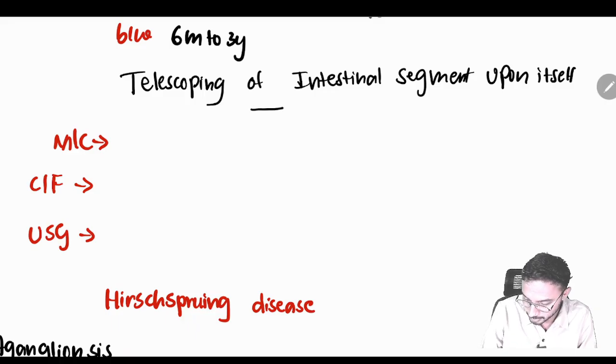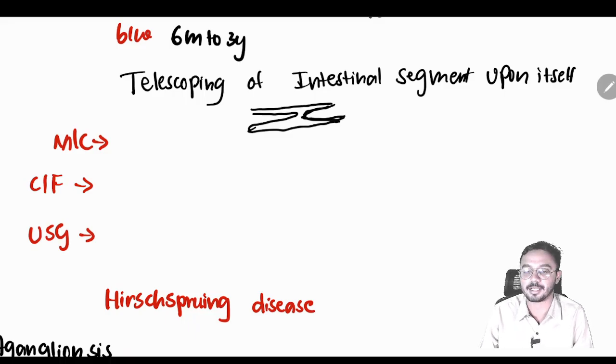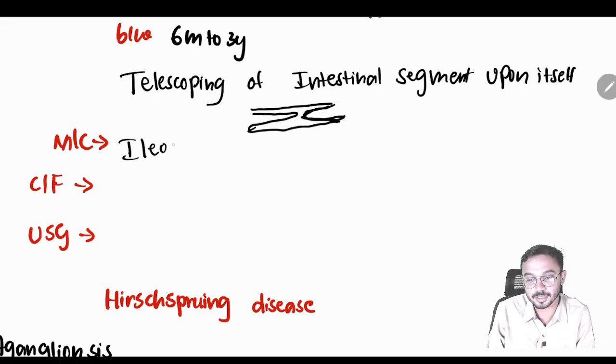Imagine this is the intestine. One intestine will come over here and another intestine will also come; telescoping occurs of an intestinal segment upon itself. Most common site: ileocolic or ileocecal junction.